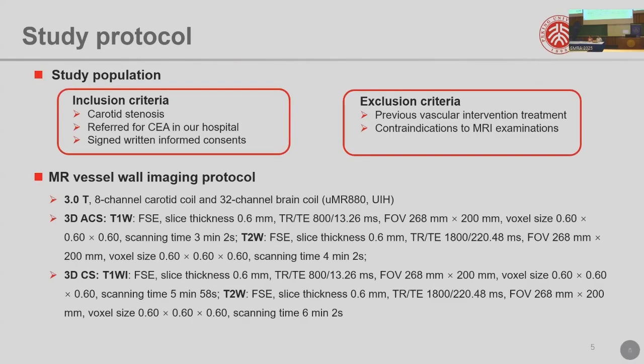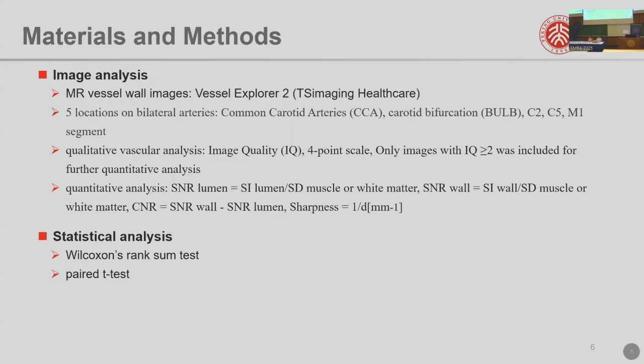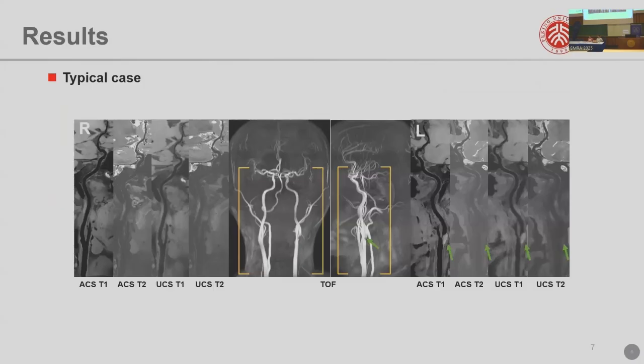The inclusion and exclusion criteria of the study population and the parameters of the MR imaging protocols were as follows. Both qualitative and quantitative vascular analysis was performed on 2D cross-section slices at 5 locations on bilateral arteries. The typical case showed the intra- and extracranial MR vessel wall images.